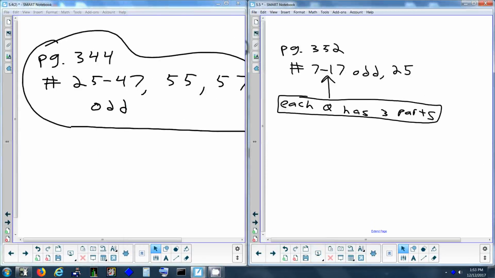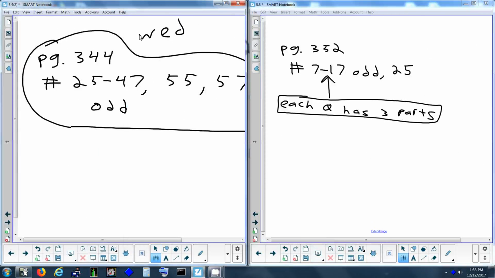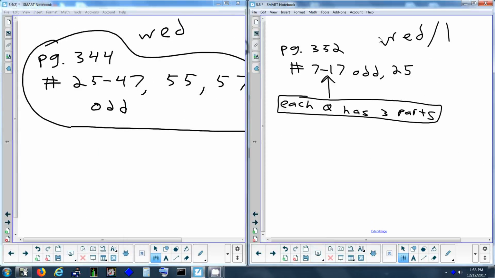This one is due Wednesday, and this one could be Wednesday or Thursday, but the one I give you tomorrow is definitely due Thursday. So you can choose when you want to do page 352. Just 7 through 17. We're going to skip 25.